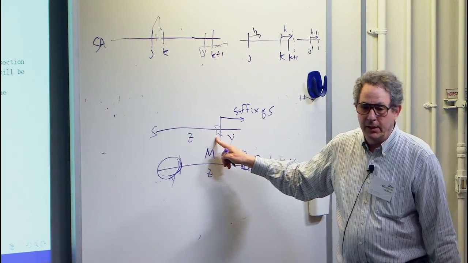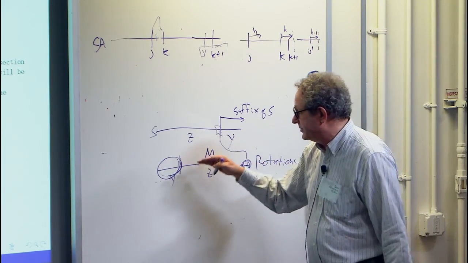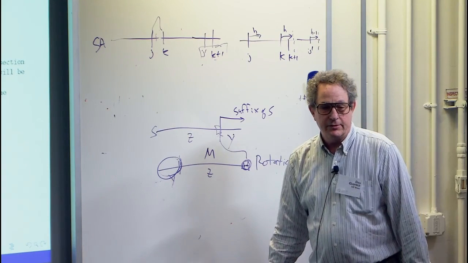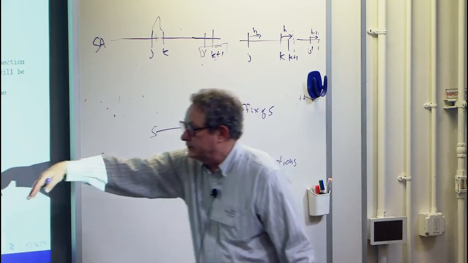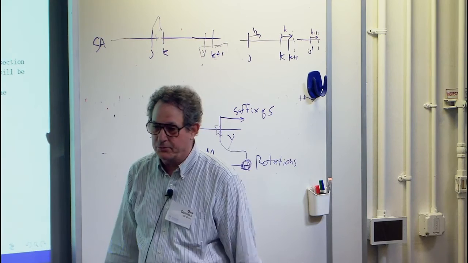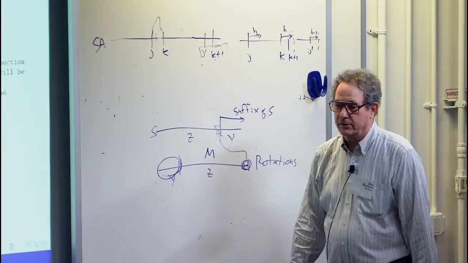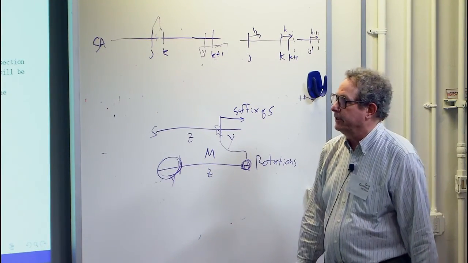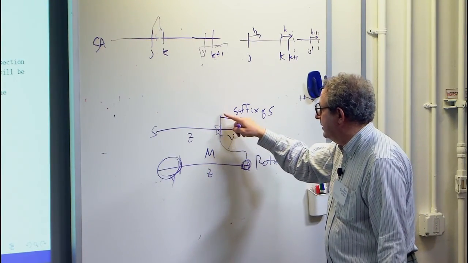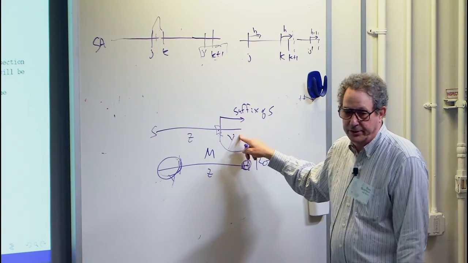Okay? And if the ordering of the strings in M, which we're using to define Burrows-Wheeler, is the same as the ordering of the suffixes in the suffix array, then what is this character? Okay? This is the character just before the suffix that starts here.